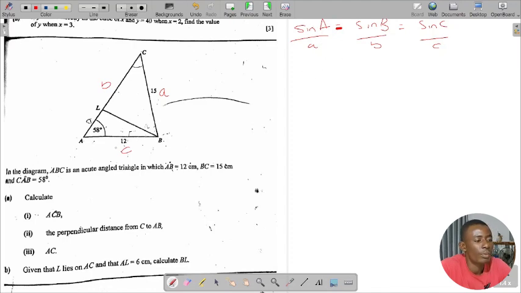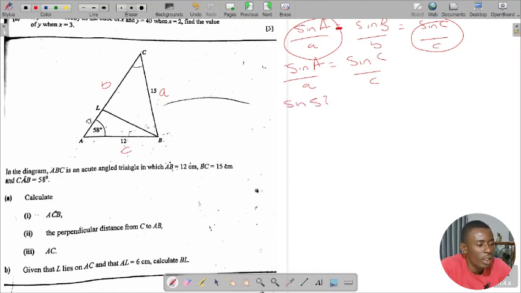So here we have angle A and side A. So we use A and we are finding C. So we are using A and C. So let us rewrite our formulas. So sine A over A is equals to sine C over C. So our sine A is sine 58.